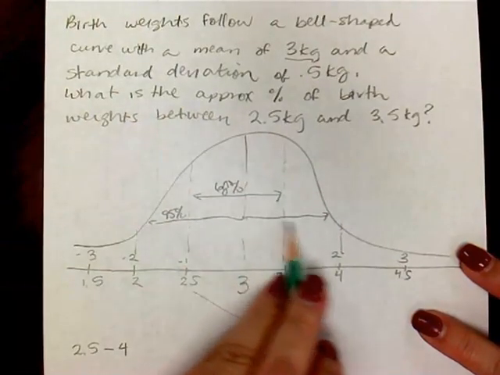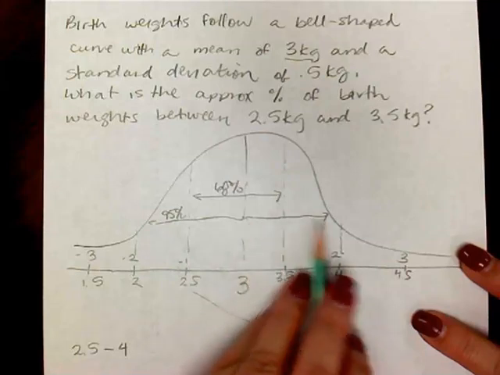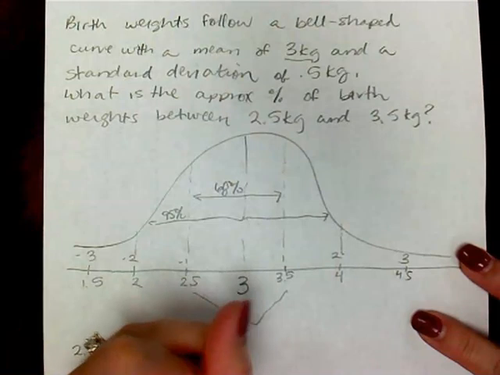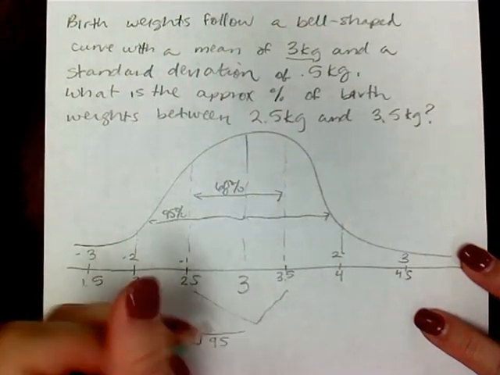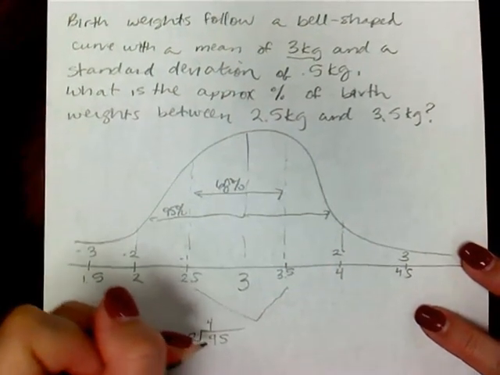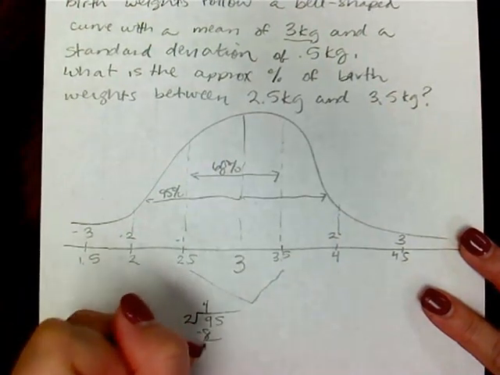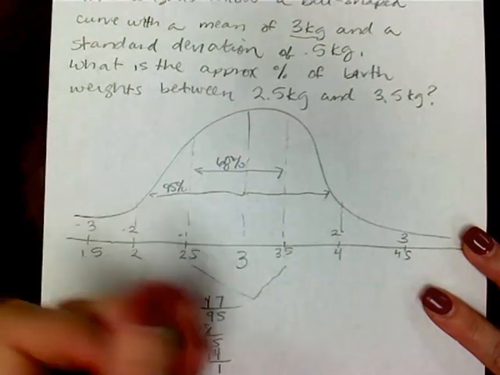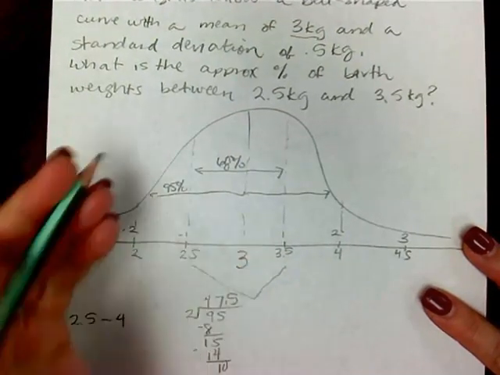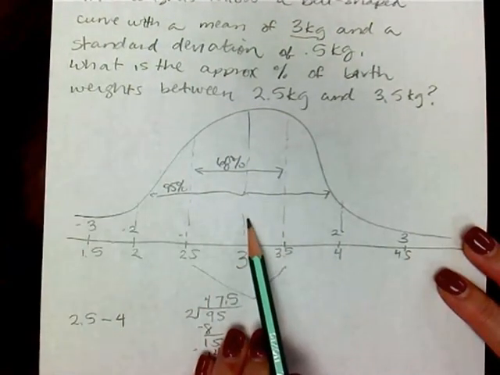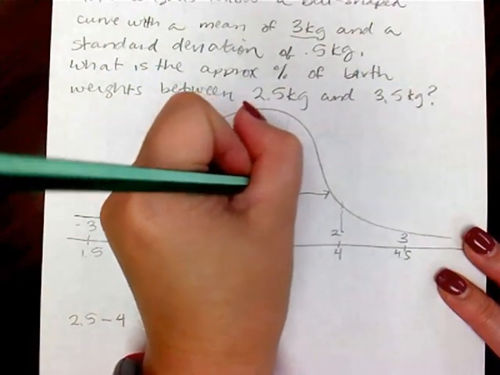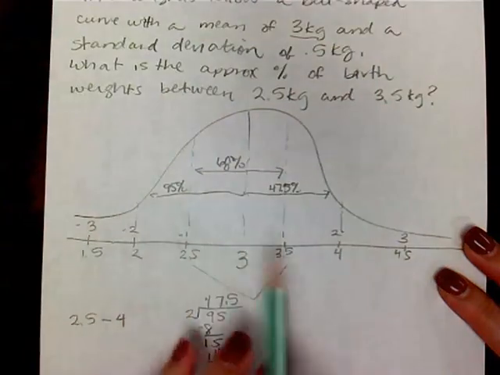So half of 95% is going to be this area. We won't have a calculator on our AP exam, so that's why we're going to do some basic math here. So we've got 47.5 makes up this whole area right here. And really that's a percentage that eventually you'll have memorized and you won't have to remember.